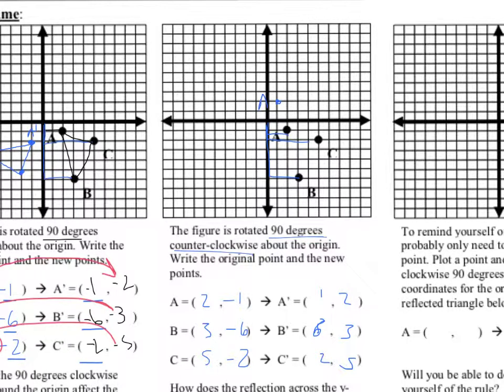This is my A prime, and my B prime at 6, 3. And my C prime at 2, 5. And we can see again, same figure, it's just been turned this time. And so that's kind of what our rotation is all about.